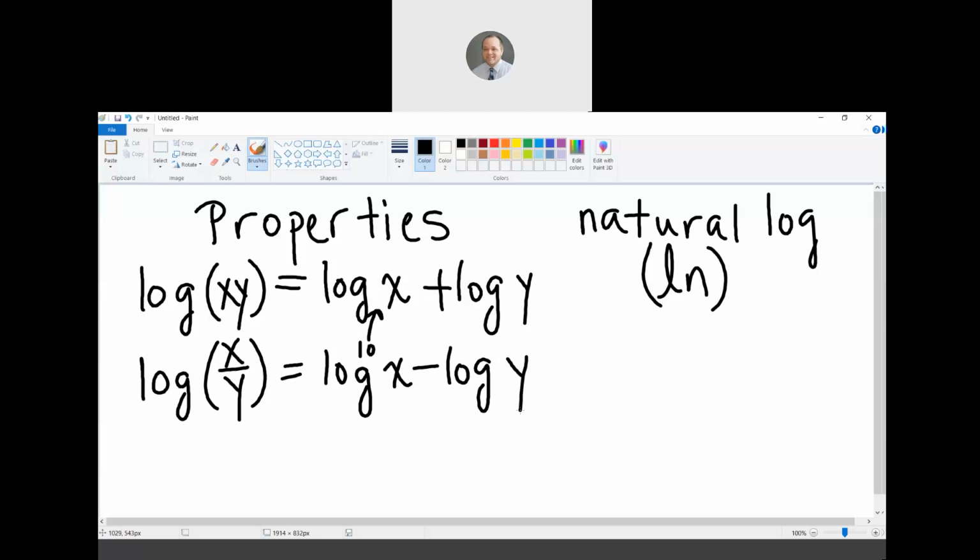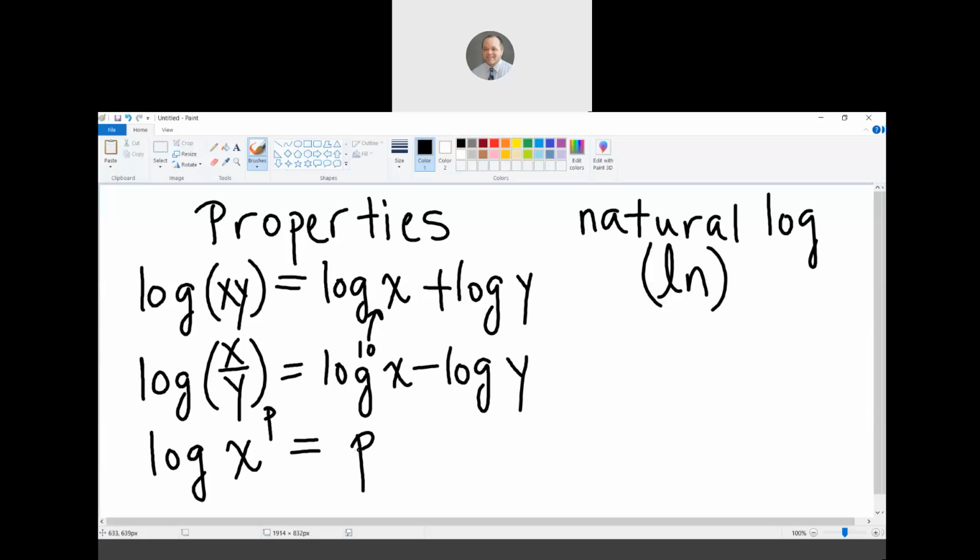If you have a log of some function, whatever the function is, and it's raised to a power p, then you take that exponent and move it to the front.